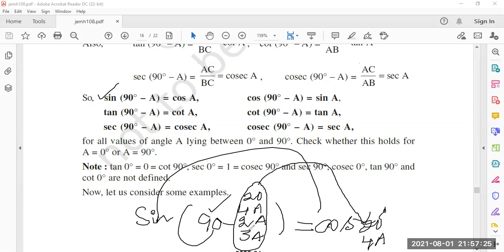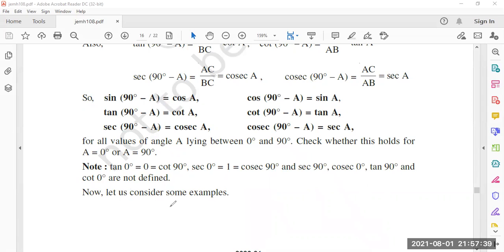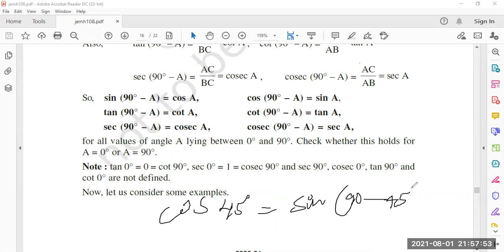In the same way, anywhere if you find 90 minus something, that 90 minus something will be replaced by something, and the sine will be replaced by cos. In the same manner, if you find cos 45, this cos 45 can also be written as sine of 90 minus 45, because sine and cos are complementary.